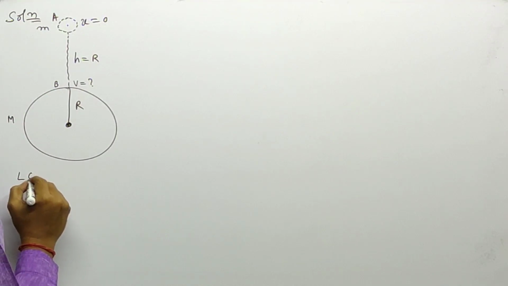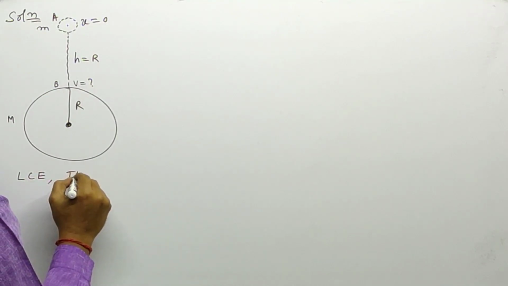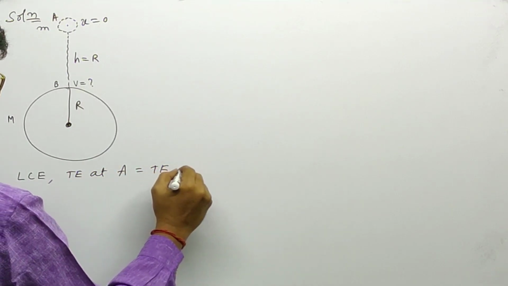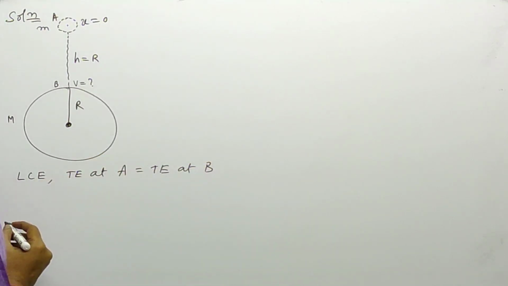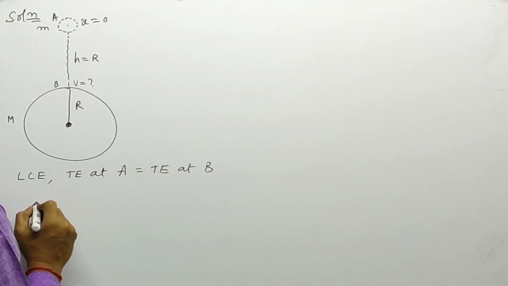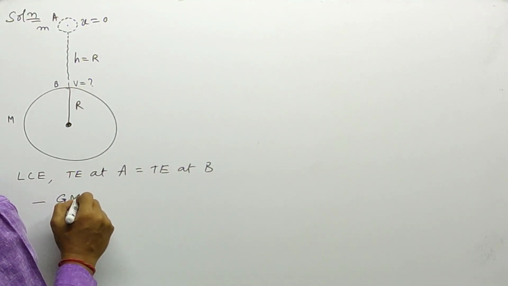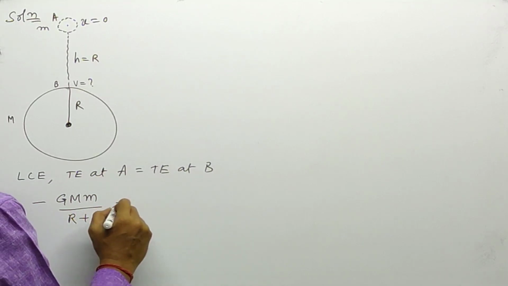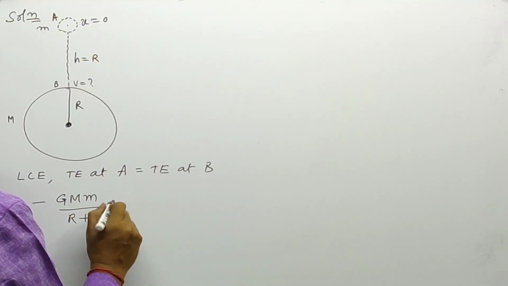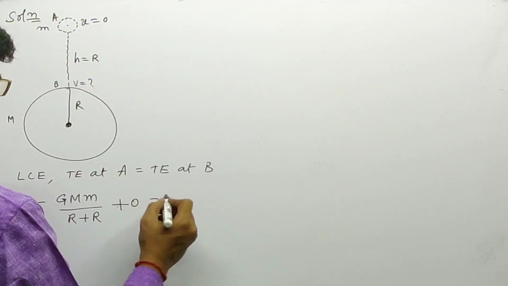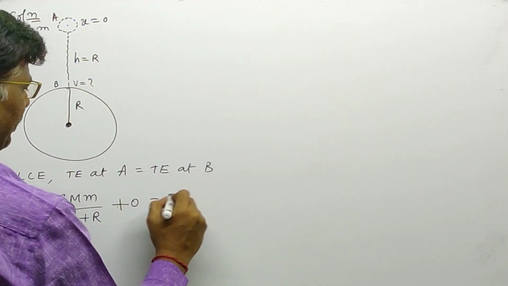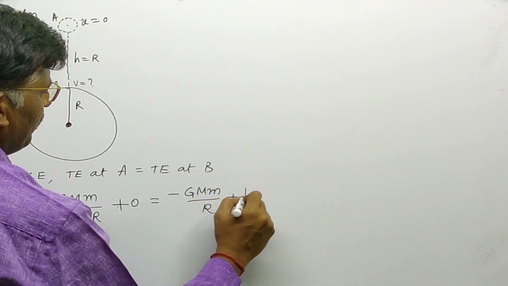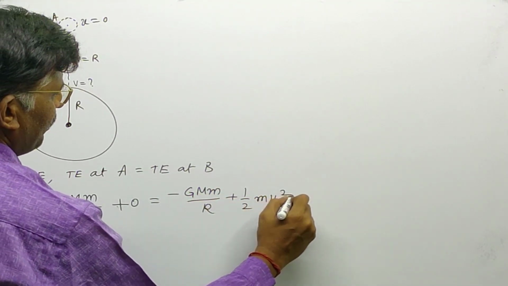According to the law of conservation of energy, total energy at A must be equal to total energy at B. At A, potential energy is minus GMm divided by R plus R, plus kinetic energy 0, that is equal to, on the surface of the earth, minus GMm divided by R plus kinetic energy half mv squared.